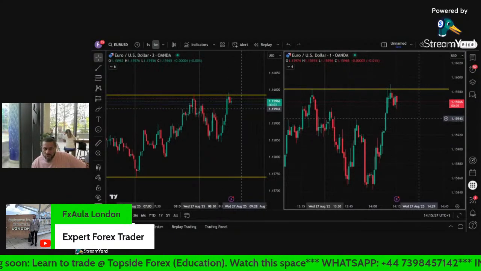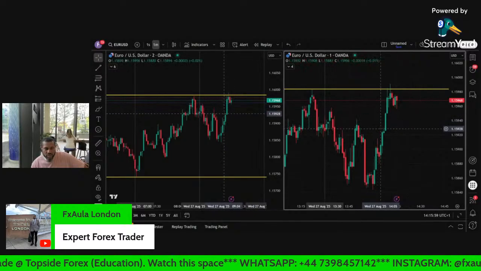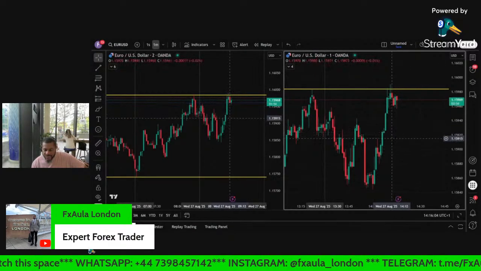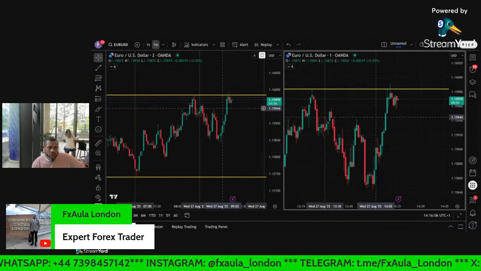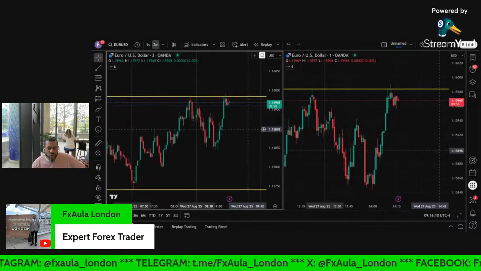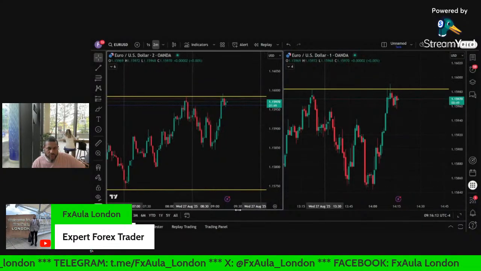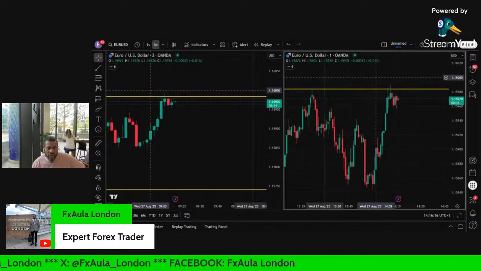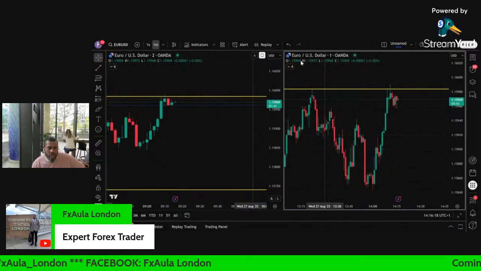I'm particularly looking at the 1 minute chart to look for swing lows, but you can look for swing lows everywhere as well. There's the 2 minute chart, the one to the left and the one to the right. You can see 2 minutes. If I click on this, it's highlighted, and that is the 1 minute.